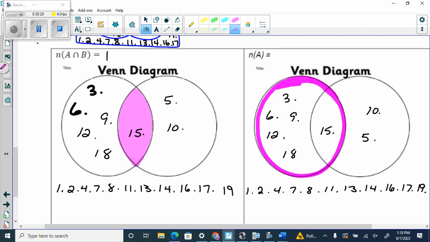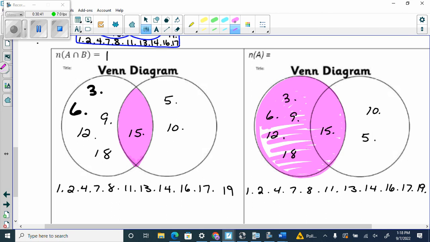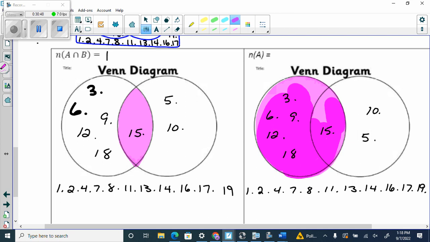The whole circle is A. So how many are in A? 6.